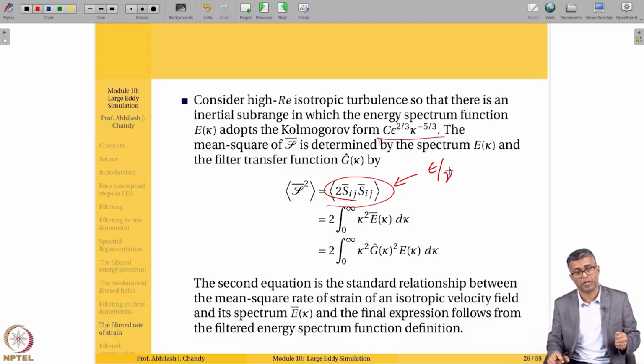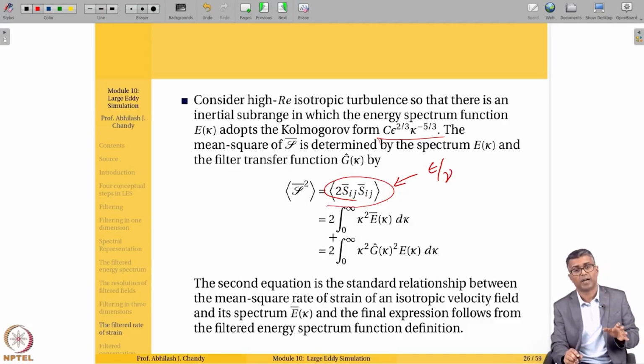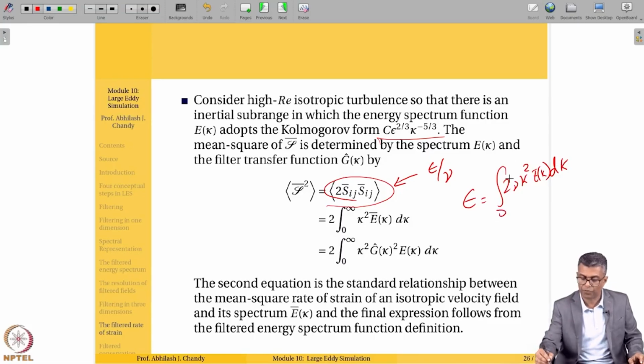It's proportional to the dissipation. So that is dissipation divided by viscosity. So then what you will get is 2 times, and the way we have defined dissipation earlier in terms of the energy spectra gives you this equation, because epsilon is equal to the integral of 2 nu kappa squared E of kappa d kappa, isn't it? 0 to infinity.